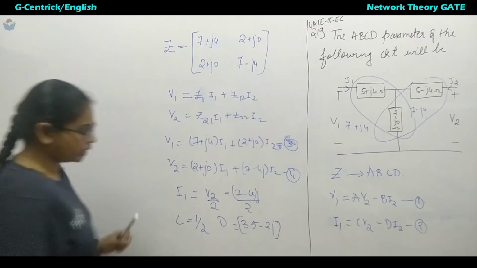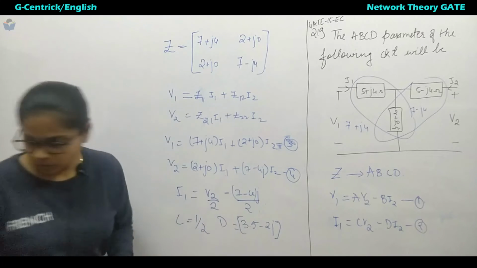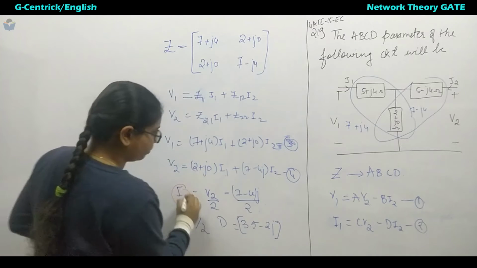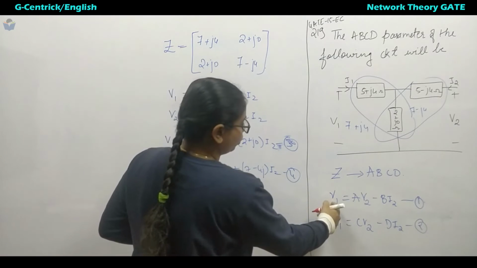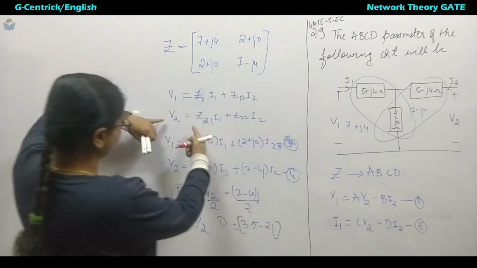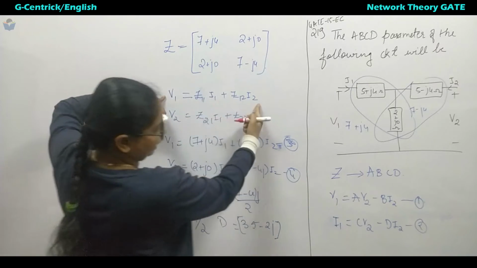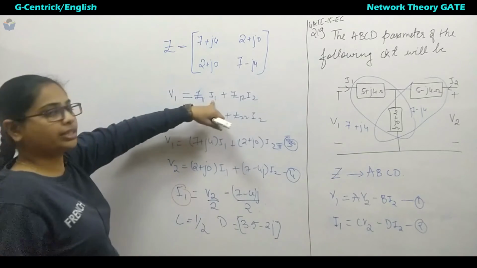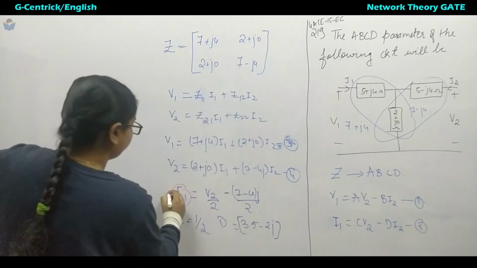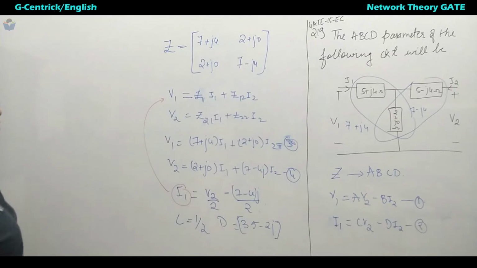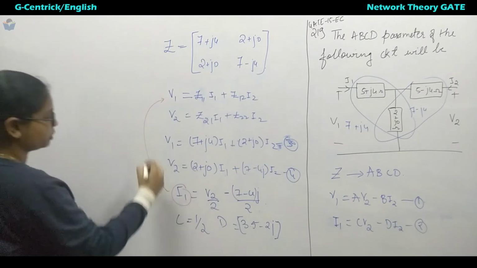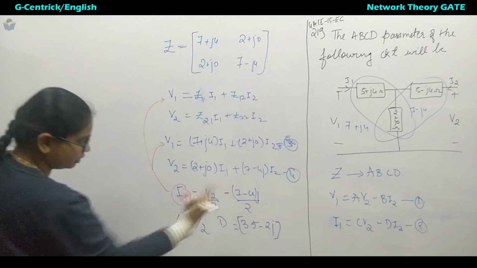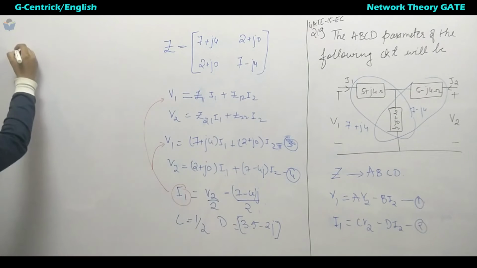Now what we can do is put this I1 expression over here. In the first equation we do not want I1. We want V1, I2 and V2. So we will put this in that equation, where I1 is replaced by this expression.